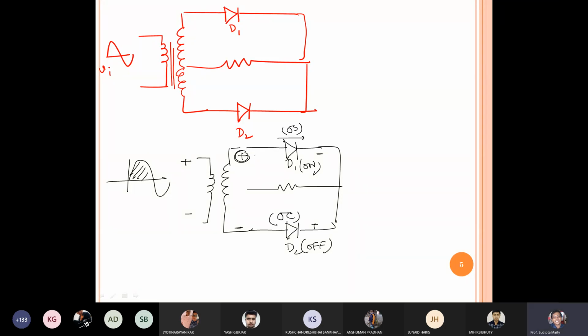So in this case, current will flow from the positive terminal to this terminal, and it will not go in this direction because it is an open terminal. That's why all the current will flow in this way. So in this cycle there will be one current flow and we are getting the current in this direction. Is it clear? Yes, sir.